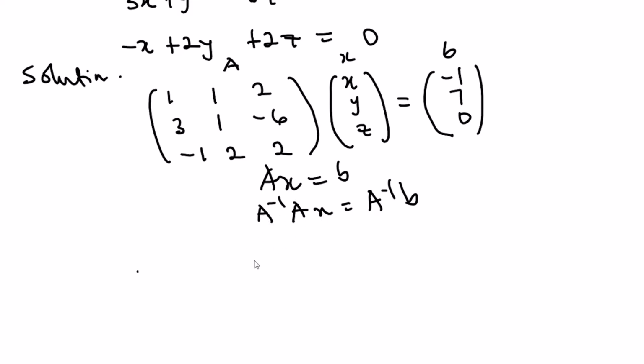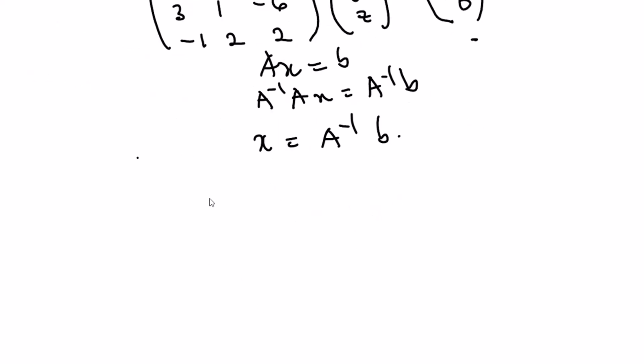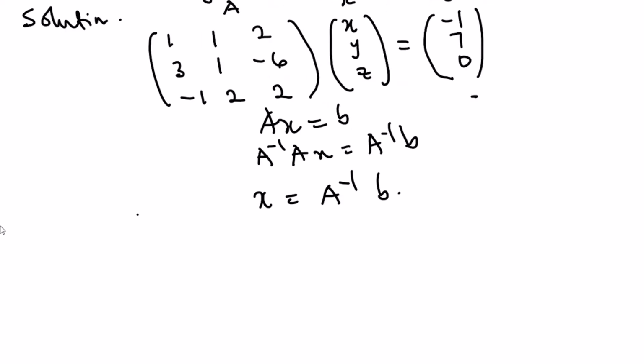So multiply by X to get our X. We go to the inverse of A times the B here. Alright, so we need to find the inverse of what? A. Where's A? So we have the elements of A being 1, 1, 2, 3, 1, negative 6, negative 1, 2, 2.